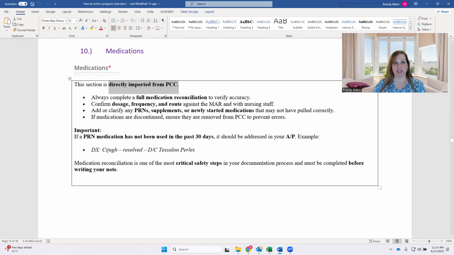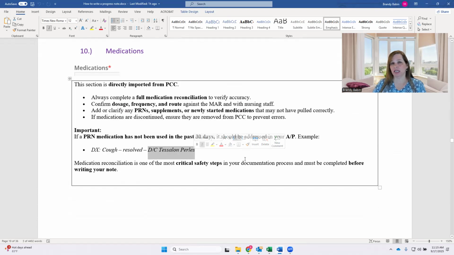If you've got PRNs and you see a whole entire list of PRN medications in the computer, just put them at the bottom. Your diagnosis, maybe cough. Your assessment would be resolved and your plan is going to be to DC the Tessalon Pearls if they haven't used it within 30 days.